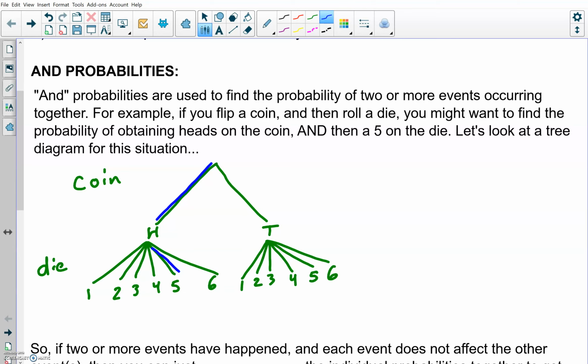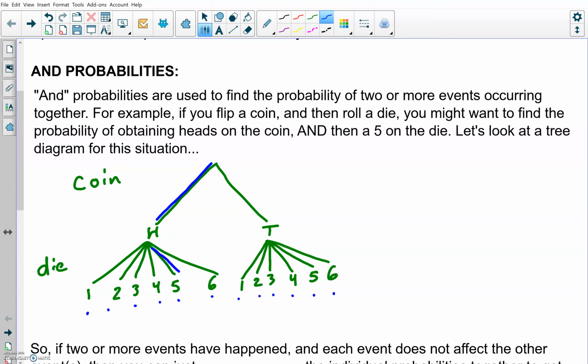And if we look at the total number of outcomes, always counting across the bottom of the tree, when I draw the tree in this way, we've got 12 total outcomes. 1, 2, 3, 4, 5, 6, 7, 8, 9, 10, 11, 12. So that head with the 5 is one of the 12 possible outcomes. So the probability then of getting heads on the coin, 5 on the die would be 1/12.